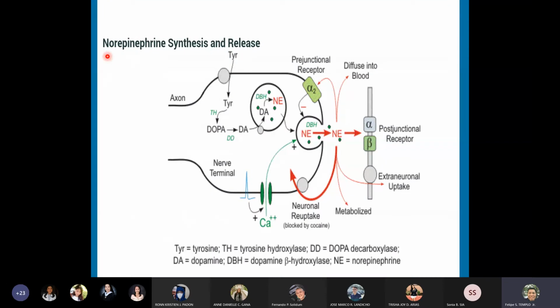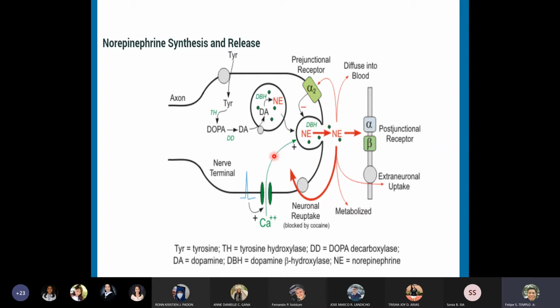So this slide is comparing the synthesis of norepinephrine. If you follow this graph, the synthesis of norepinephrine is pretty much the same, almost the same as the process occurring in your epinephrine, except that this is happening at the neuromuscular junctions. So tyrosine is still the precursor, becomes DOPA, becomes norepinephrine.